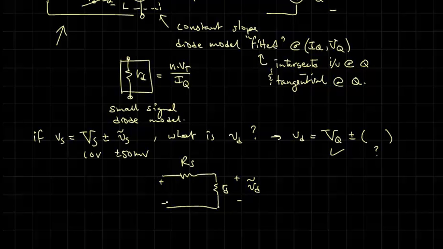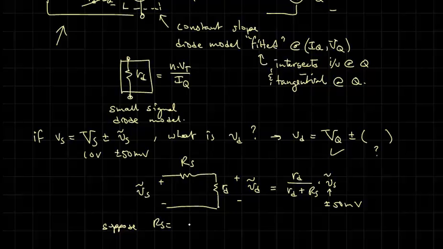And the voltage that we apply over here is going to just be the small signal Vs. So we would say little Vd is going to simply be Rd over Rd plus big Rs, voltage division, times little Vs, which is the plus or minus 50 millivolts. So suppose that Rs was equal to 500 ohms and Rd was found to be equal to 20 ohms.